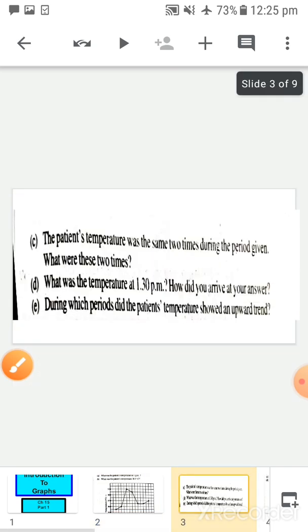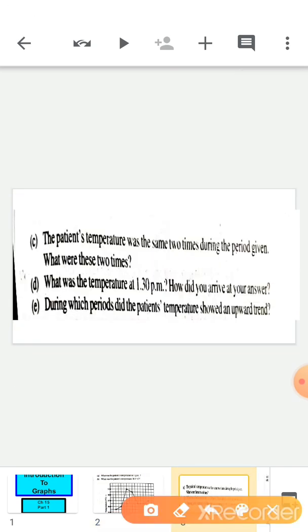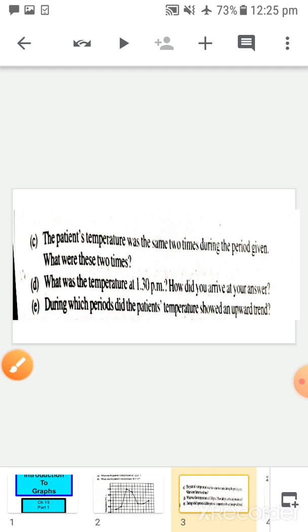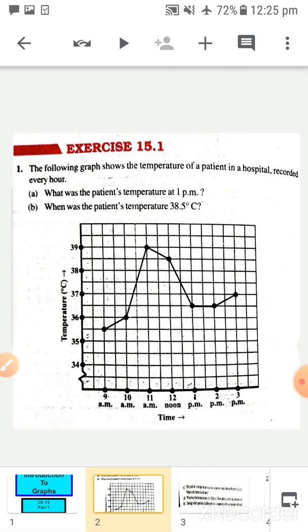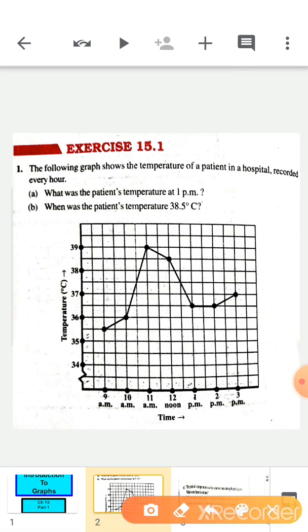Okay, getting my point? Now we are having a few more questions. Let's see that. Question is, the patient's temperature was the same 2 times during the period given. What were these 2 times? So we need to check when the patient's temperature is the same. So if we notice the graph, temperature is the same here.